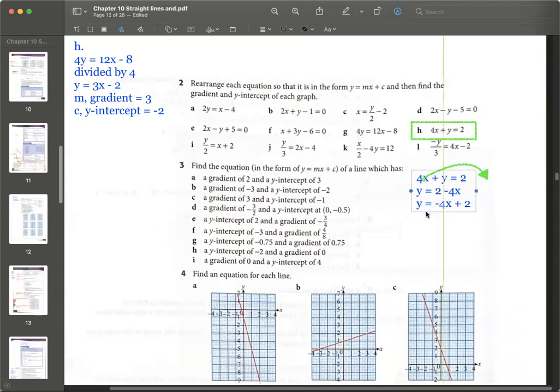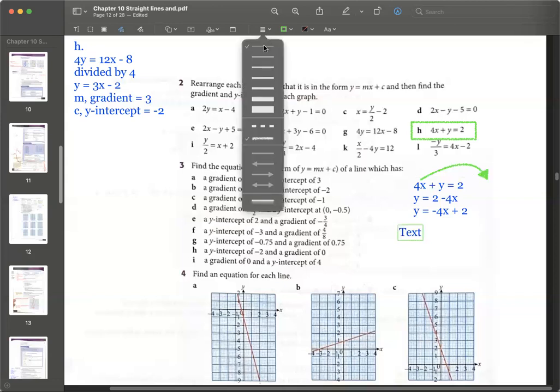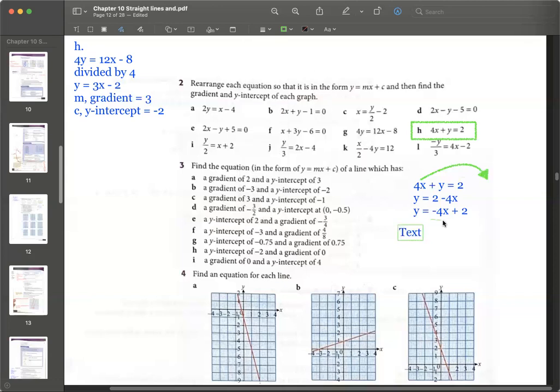The reason we do it like this is that we need to label what the gradient is, and also label what the y-intercept is. If you look here, the gradient is -4, and this one is your y-intercept.